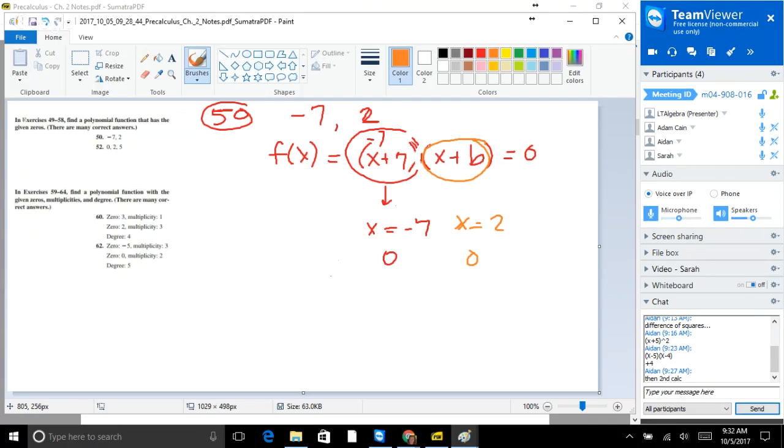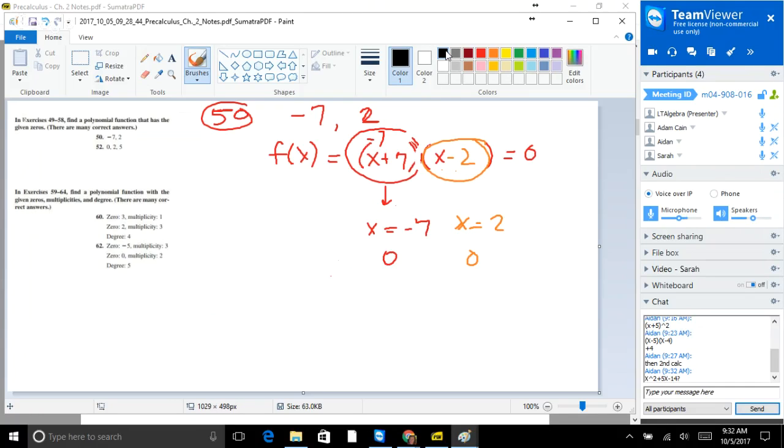So for the second term, instead of a plus b, I would put in x minus 2. Sorry, I'm making this more complex than it is. So basically, when I put x equals 2 and I have 2 minus 2, we get 0 for the second term.